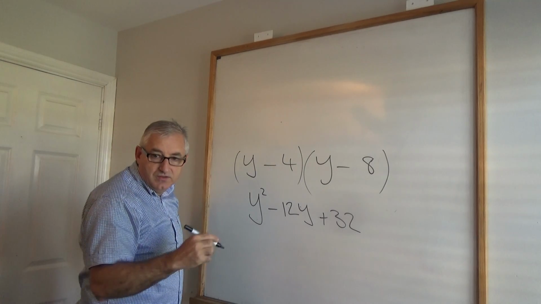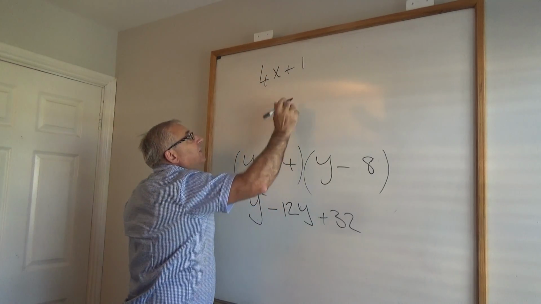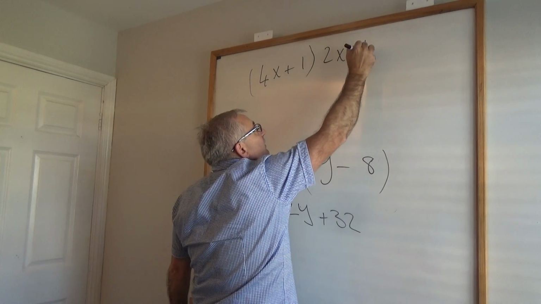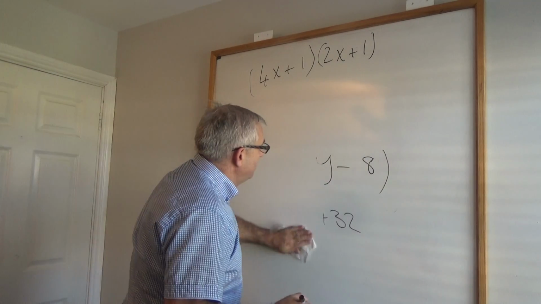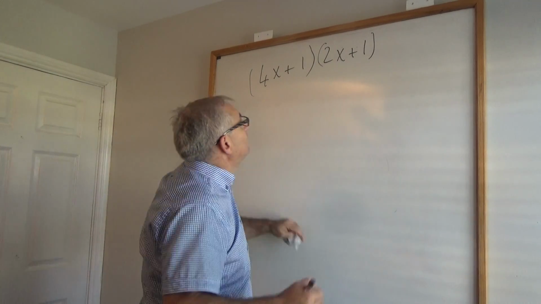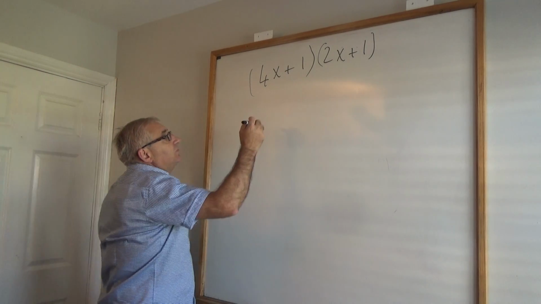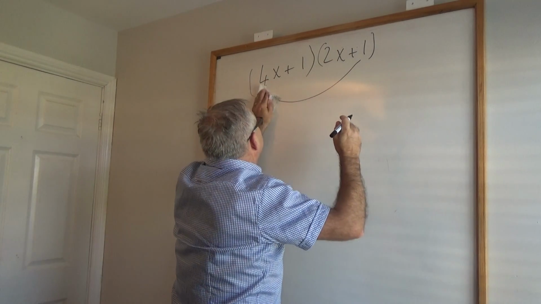Okay, which is 4x plus 1 times 2x plus 1. In fact, something interesting happens here. We still have two 1's in the question, but the two 1's aren't here, they're now here. Okay, so if we do it out with a rainbow, let me do the small rainbow first.